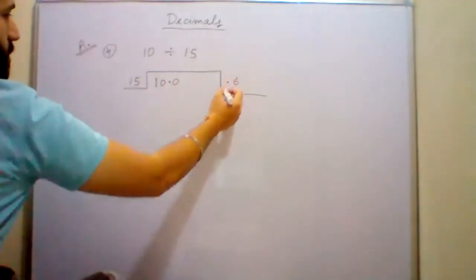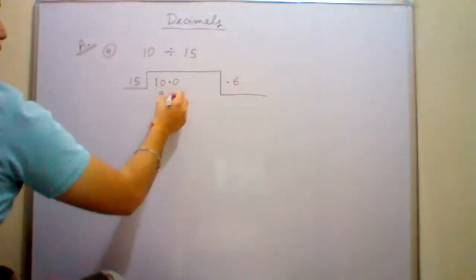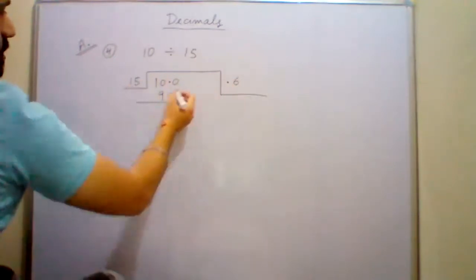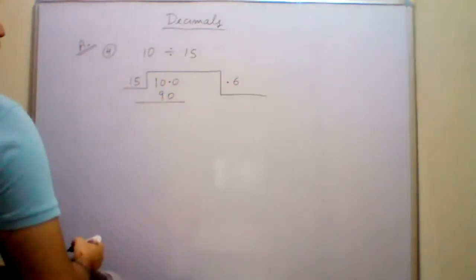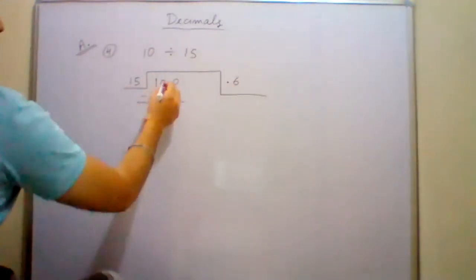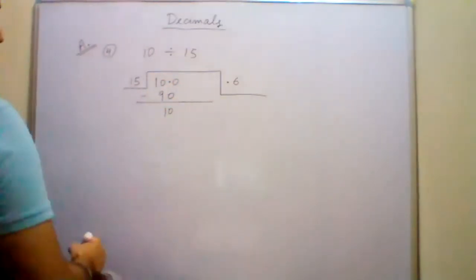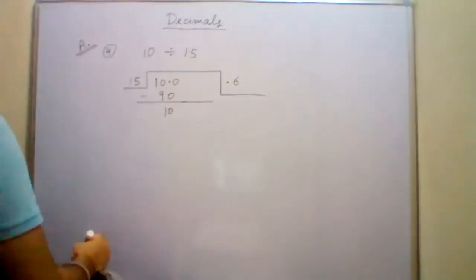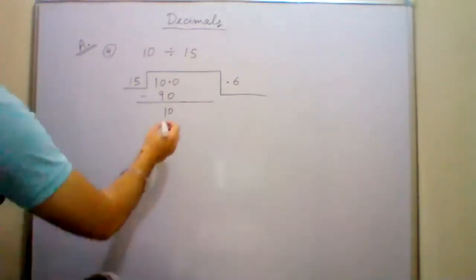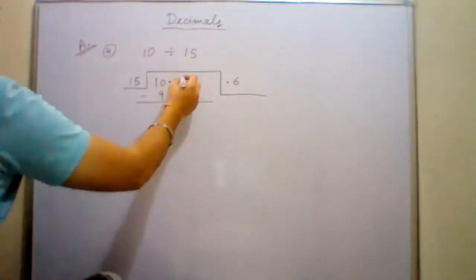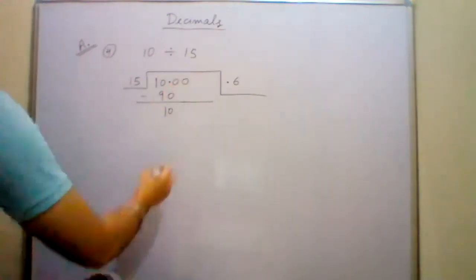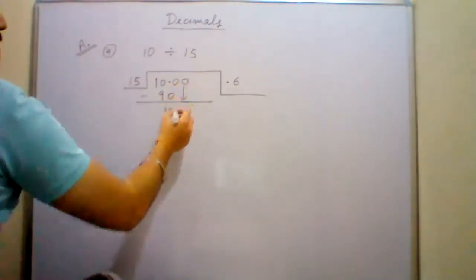So 15 sixes are 90. 15 into 6 is equal to 90. Subtract: 100 minus 90 is equal to 10. 10 is the remainder. Remainder is not 0. So you will write a 0 here again and then copy down the 0.